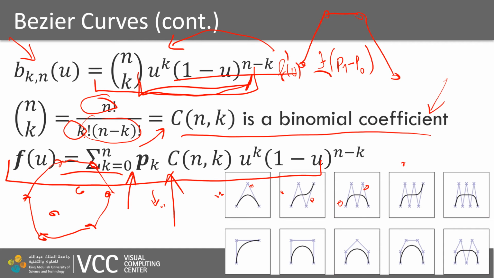We can see here a quadratic Bezier curve. Here we have a cubic Bezier curve. Here we have a higher degree, one more higher degree, and one more higher degree.